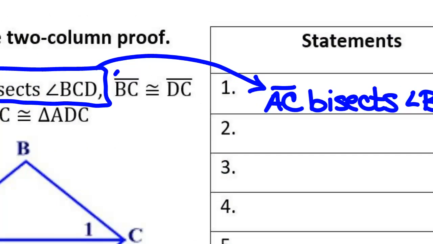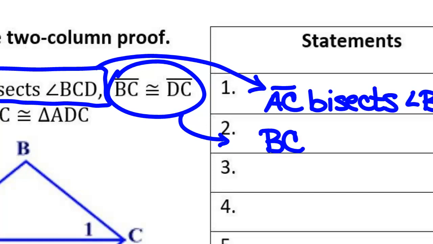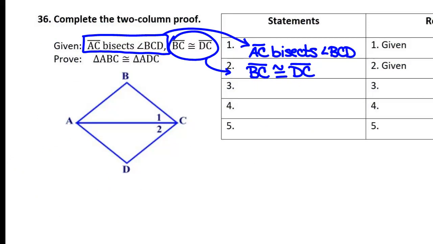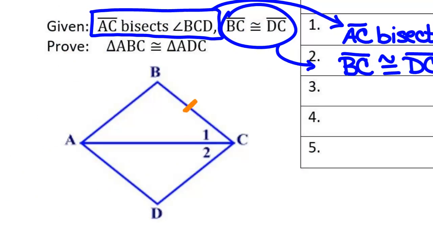And then we have BC is congruent to DC. I'm going to mark that on the picture. BC is congruent to DC.